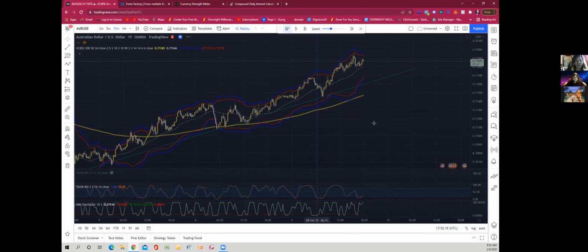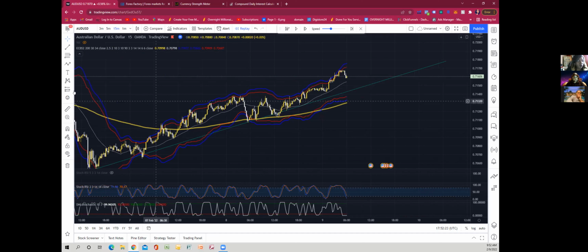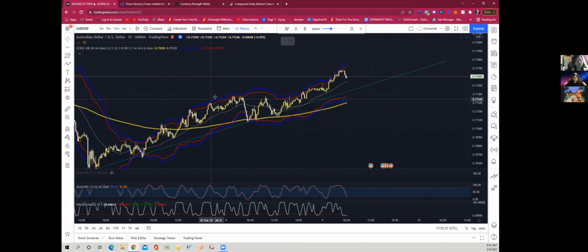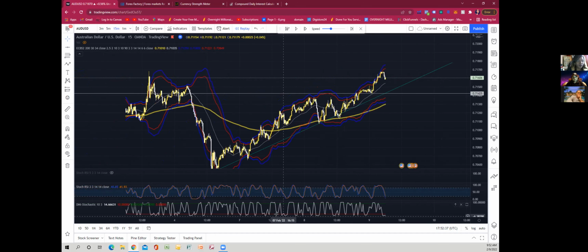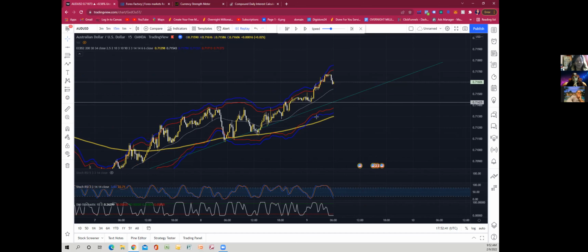I want to rewind right here because I want to show you guys something. So trend line plus support and resistance line. Right there. So this is good. As you can see, the market bounced on this line on the floor.